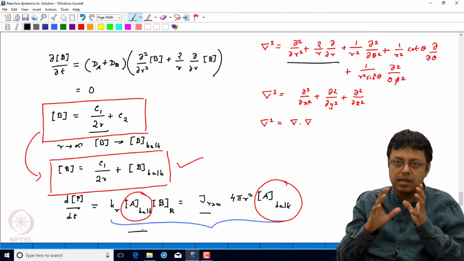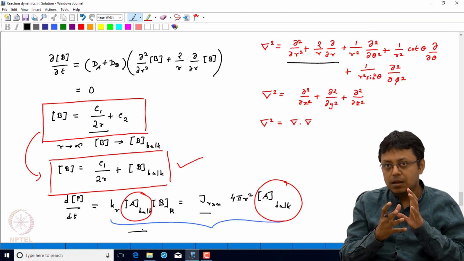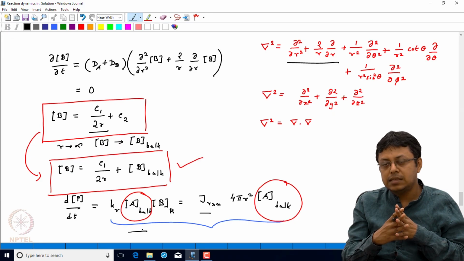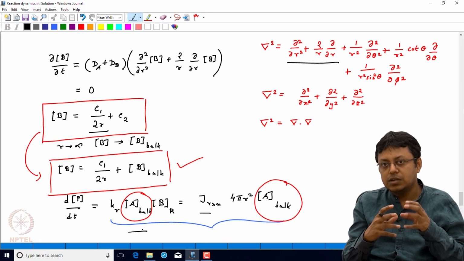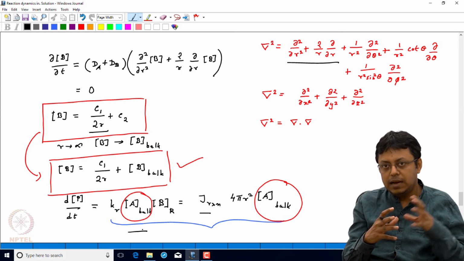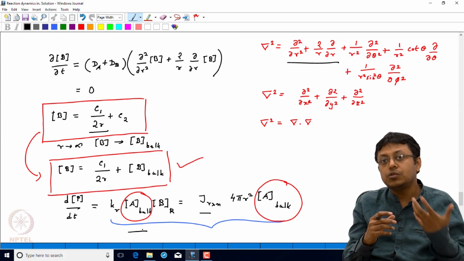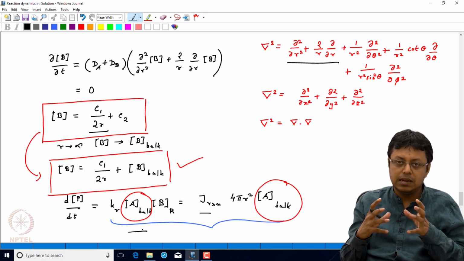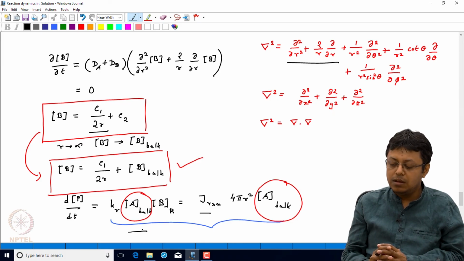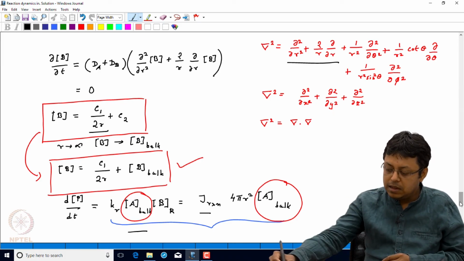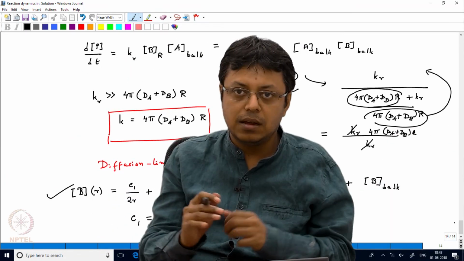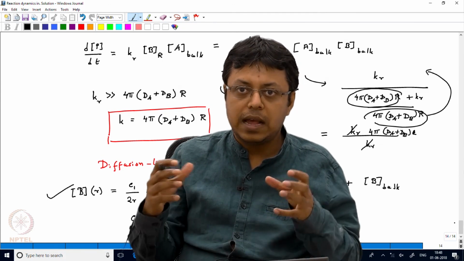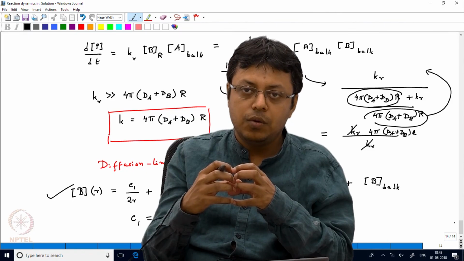That is somewhat of an approximation, because then the A should not be just A of bulk; as the A also vanishes, the concentration of A also drops and creates a gradient, but we are not considering the motion of A, we are considering only the motion of B towards the center, where we have an A. So with these approximations, this is a more or less correct expression for diffusion limited reactions, where we assume that every encounter will cause a reaction.